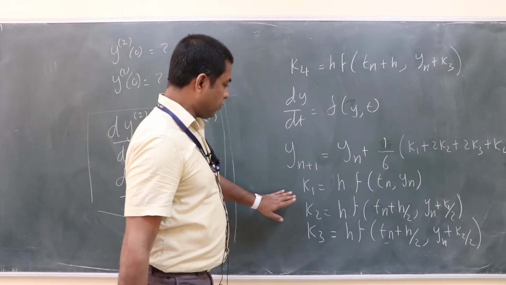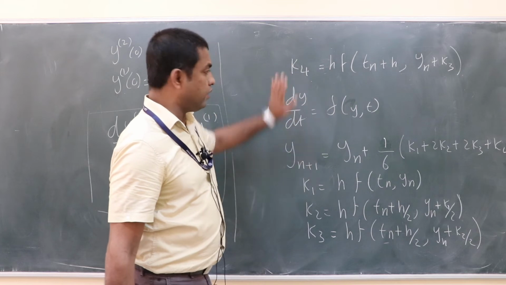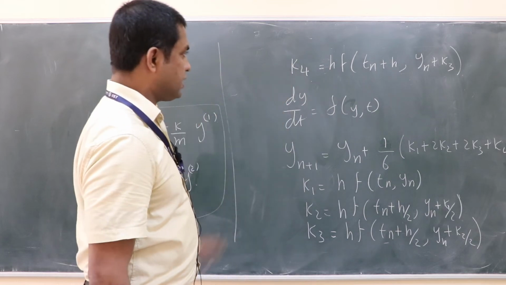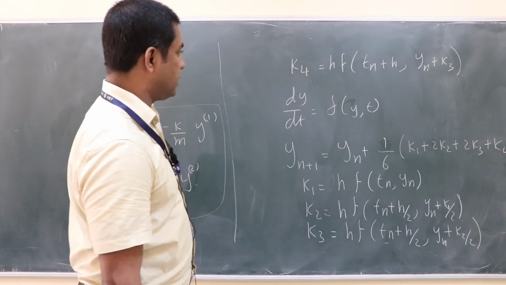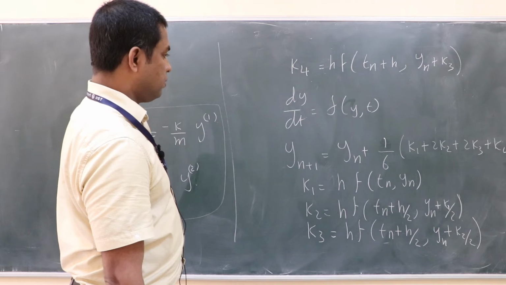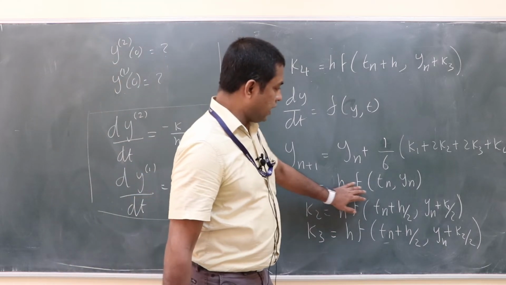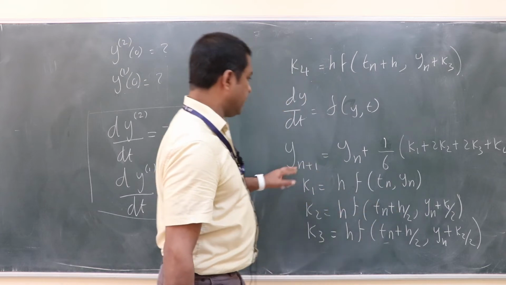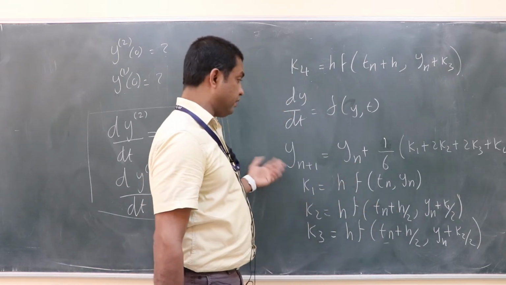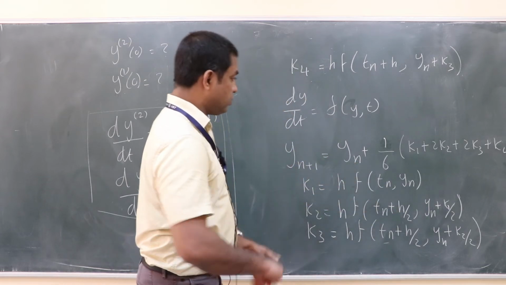So you have to calculate K1, K2, K3, K4. Basically this is the fourth order Runge-Kutta method. First the function is calculated at t n. Earlier I put y0, and y n plus 1 is basically for any time step.